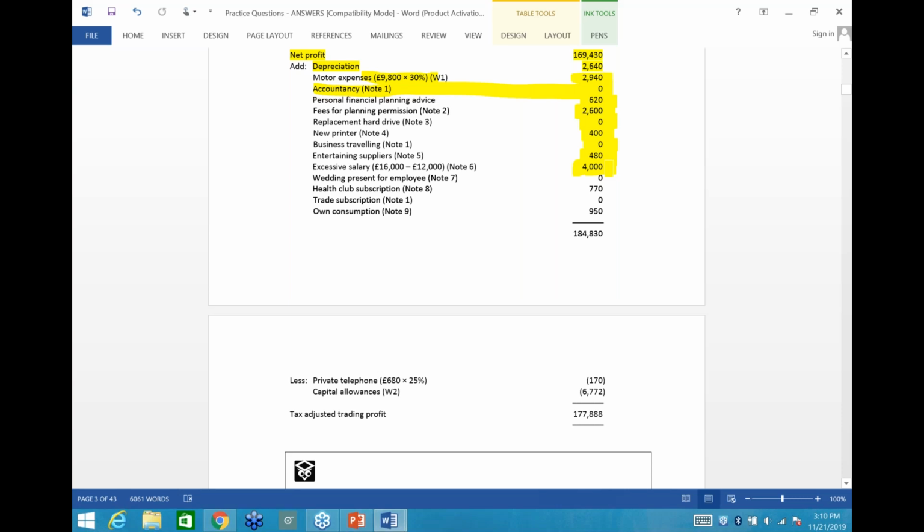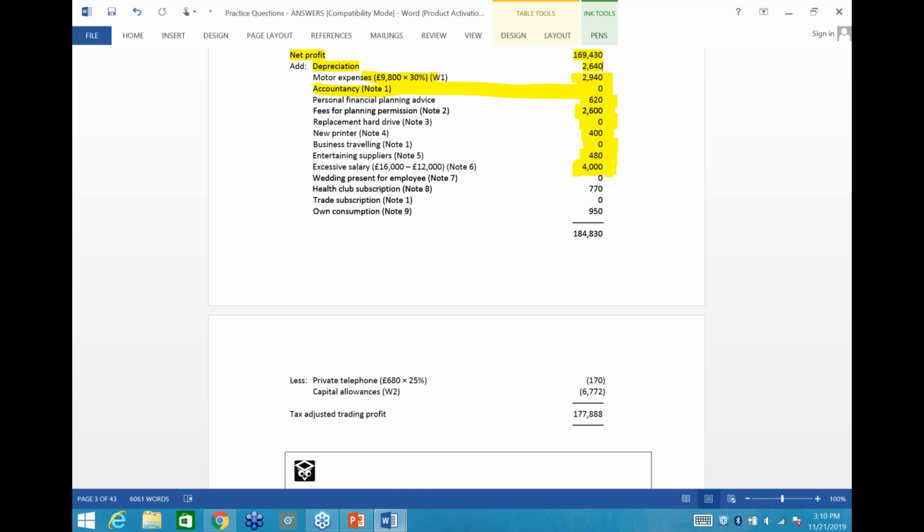Then look at other expenses, note number 6. The figure for other expenses includes £75 in respect of a wedding present to an employee, 770 for Tony's Health Club subscription, and 180 for a trade subscription to the Guild of Musical Instrument Retailers.